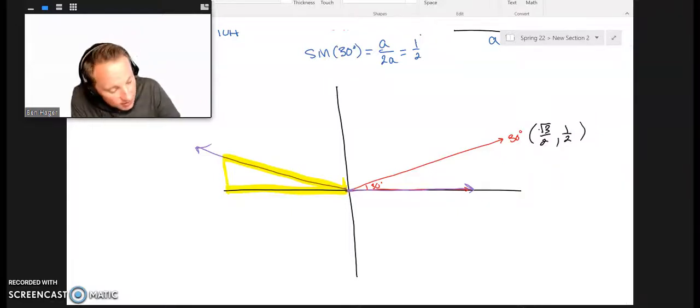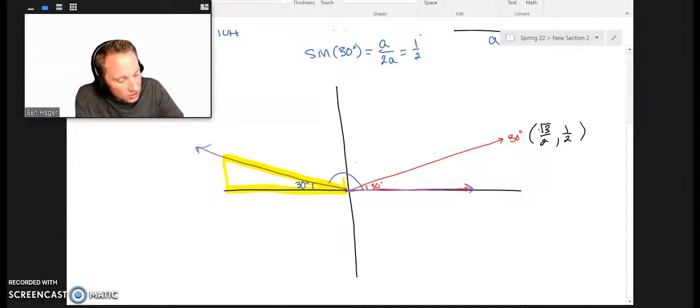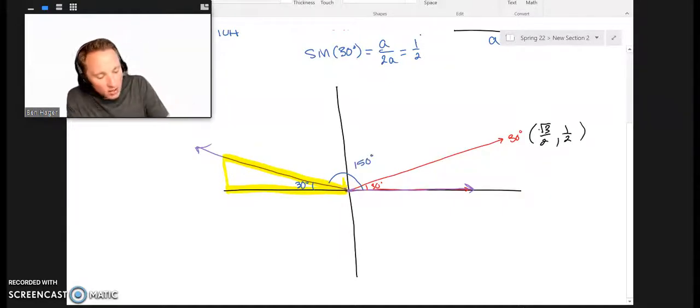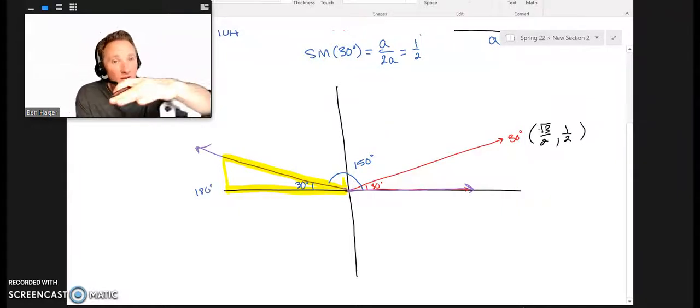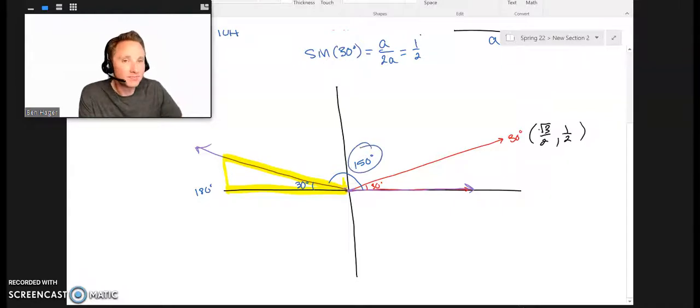And because this angle is 30 degrees right here, that's referred to as the reference angle. The whole purple angle itself is actually 150 degrees, we've learned from another video. Remember, halfway around the circle is 180 degrees. So if you go to 180 and then peel back 30, you're at 150.